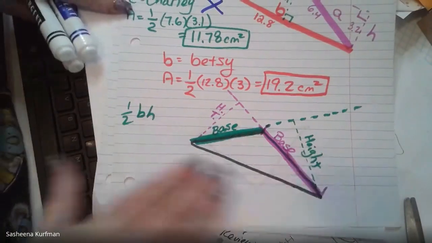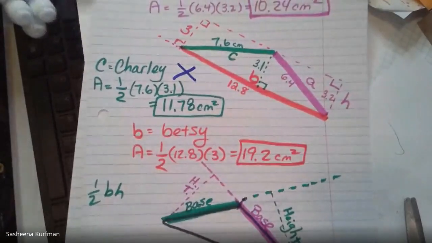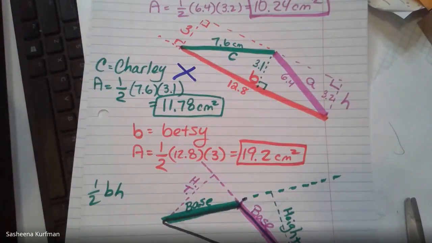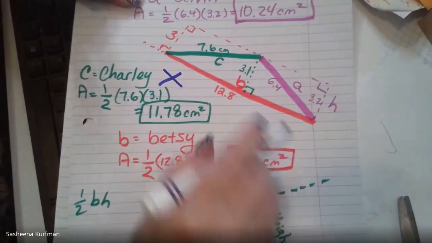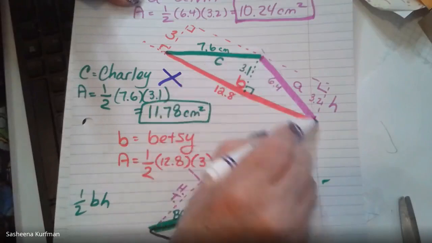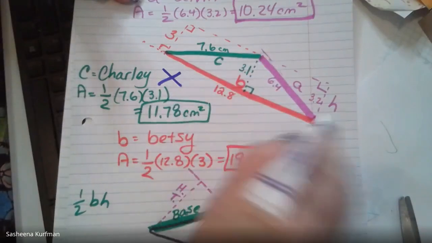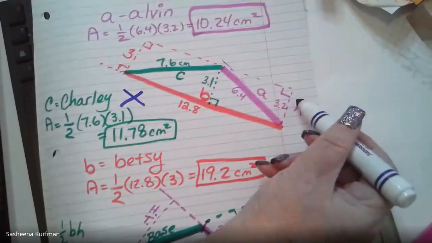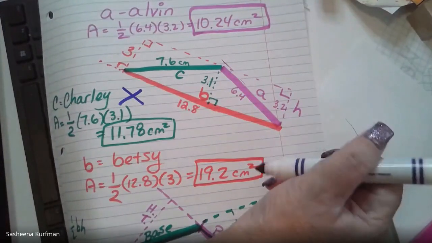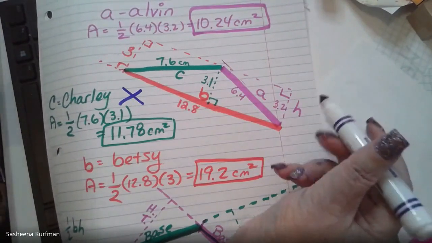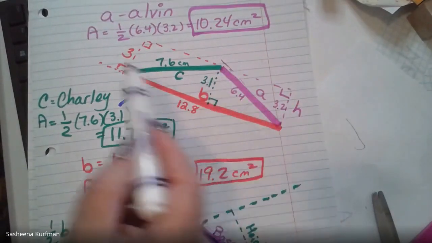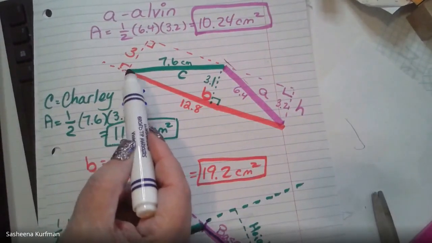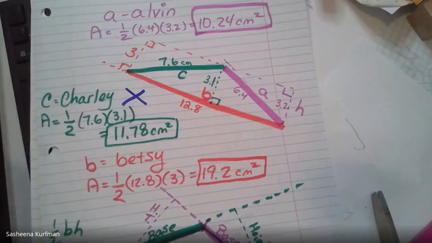So when we look up here, what did he do? Alvin did not find something that forms a right angle with his side. It forms a right angle kind of way out in space. We need the distance from the purple line to this vertex, and we are definitely not getting that.